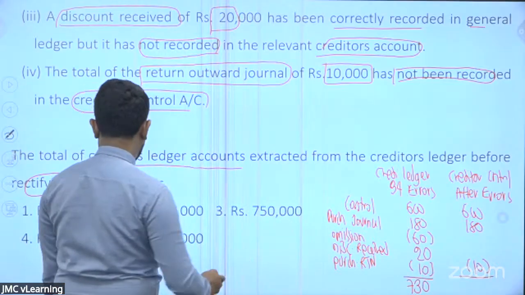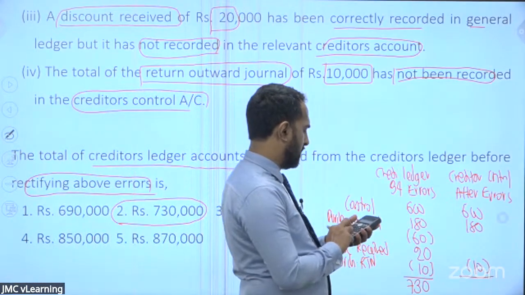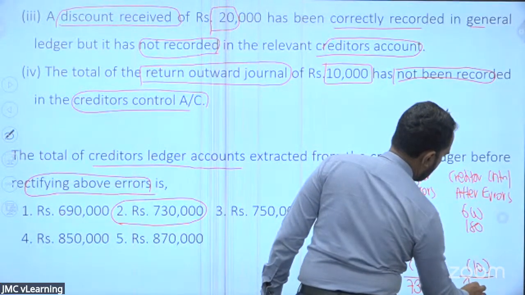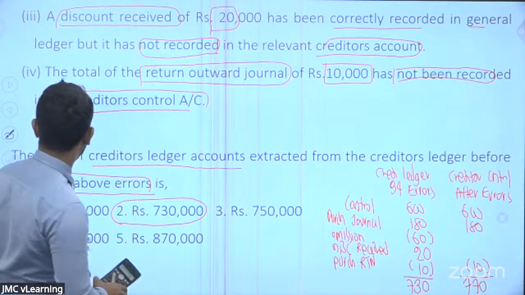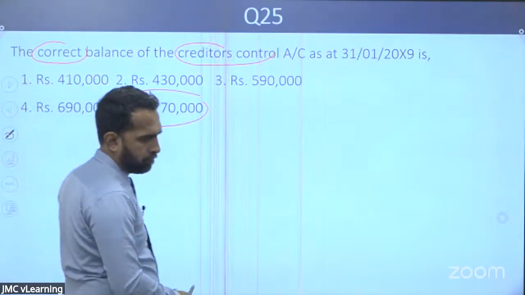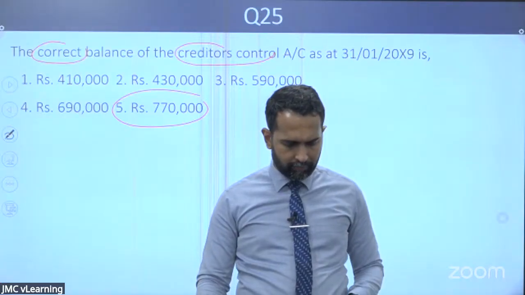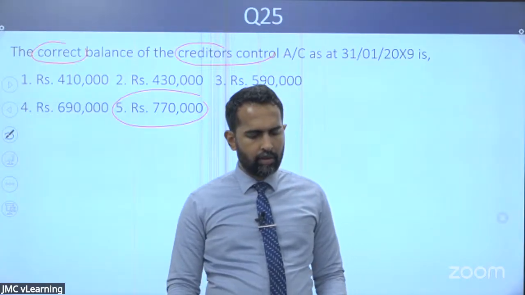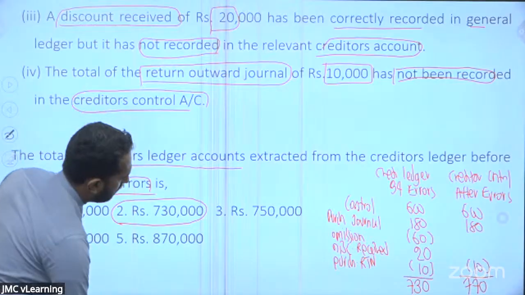So the creditors ledger before the errors is 730. Then 600 plus 180 minus 10 gives 770. So we got the two answers, 730 and 770.